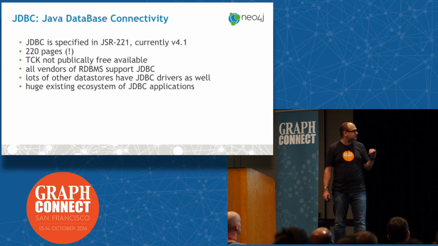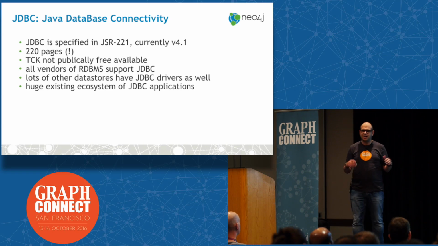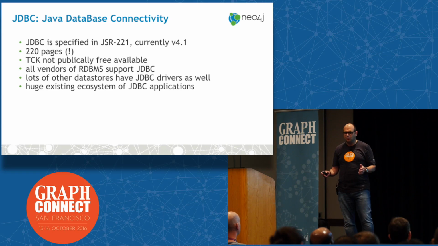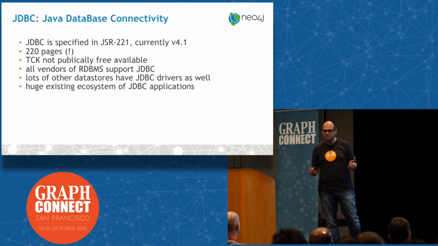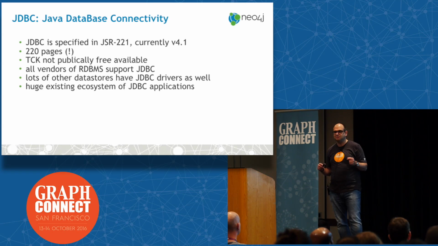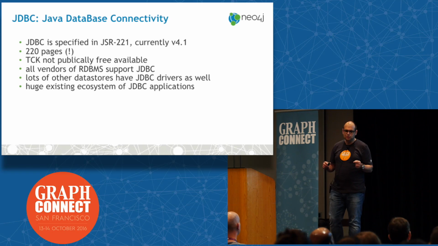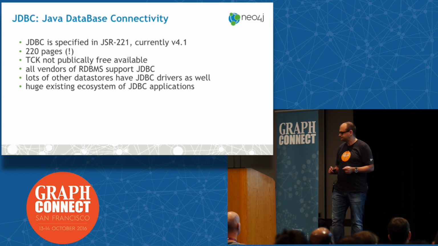The reason for that is that there is a huge existing ecosystem of client applications. Almost any kind of BI tool or ETL tool does somehow support JDBC. And this is the reason why we said, well, we want to have JDBC for Neo4j as well, to enable integration with all the existing tools out there.